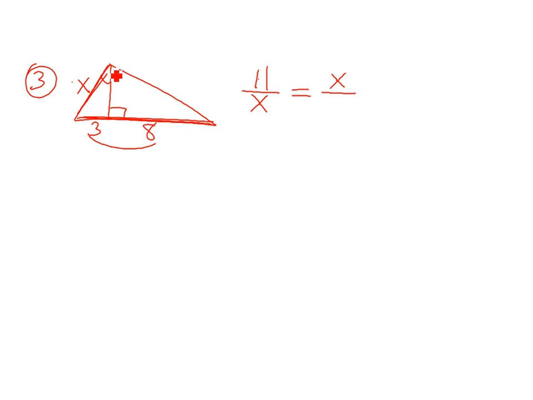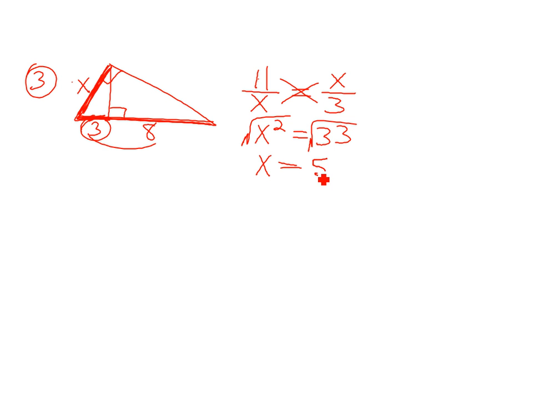And then you want the hypotenuse part that's adjacent to the certain leg you're dealing with. Well, that's the 3 right here. So it goes down here. We cross multiply, you end up with x squared equals 33. Take the square root of both sides, and you end up with x equals about 5.7.